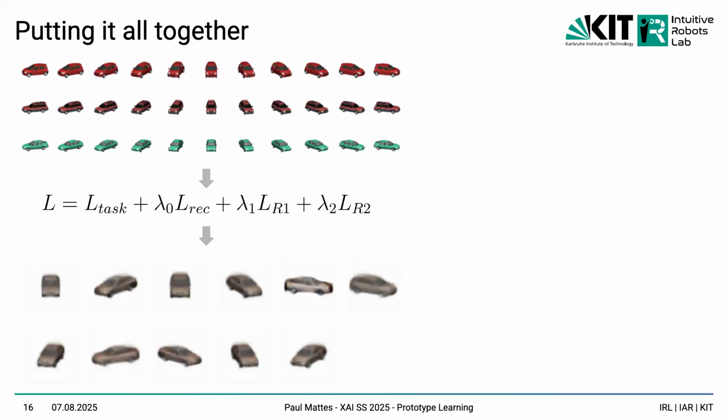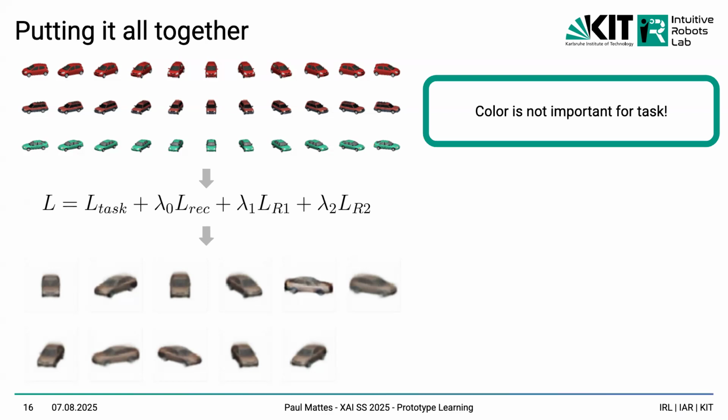Now, what do the prototypes tell us about predicting the angle of the car? Like what seems to be important and what is not important? Rather simple question, yes. The color doesn't seem to be important. The direction of the car is usually important. Yes, exactly.